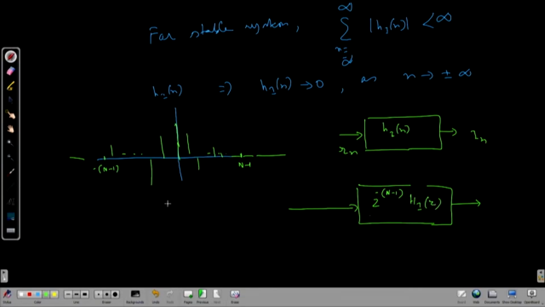This entire sequence will be shifted to the right by capital N minus 1 points, because I am multiplying H_I(z) in the Z domain by z to the power minus (N minus 1). So in the time domain it is just a shift operation by N minus 1.